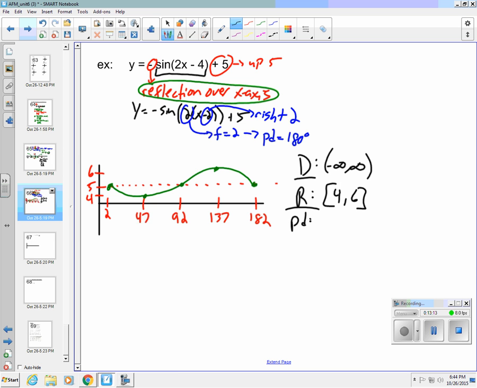Period for the function is 180, and that goes along with the frequency of 2. Our midline will be the same as the vertical shift. It is the line y equals 5. That's the new midline since we shifted the whole function up.